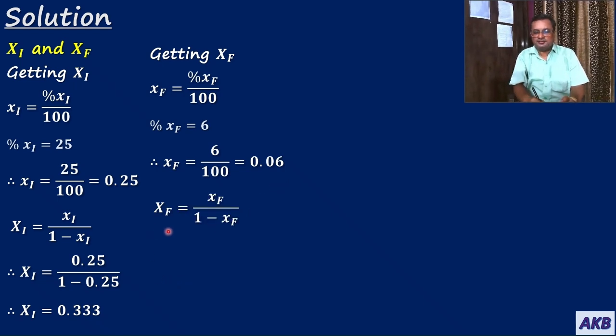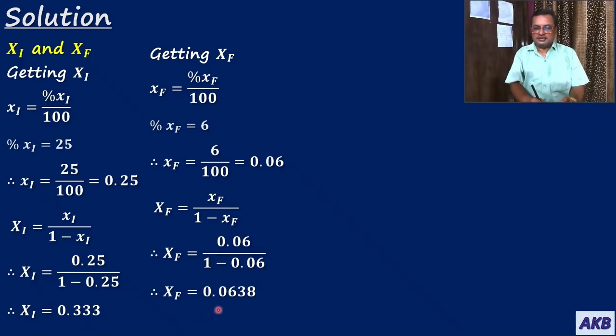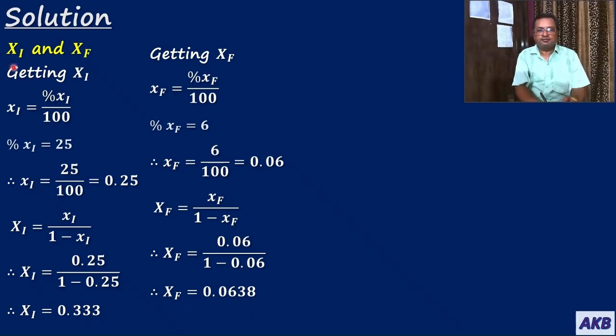Then capital Xf will be small xf divided by 1 minus small xf, that is capital Xf is 0.06 divided by 1 minus 0.06. So therefore capital Xf is 0.0638, that is capital Xf. So in this way we have obtained capital Xi and capital Xf.